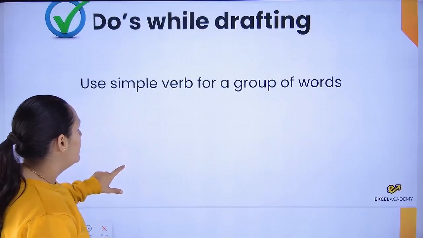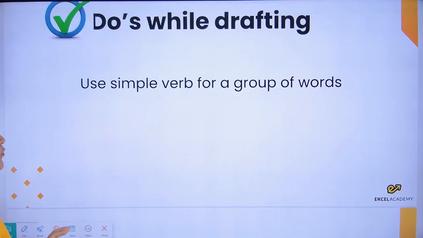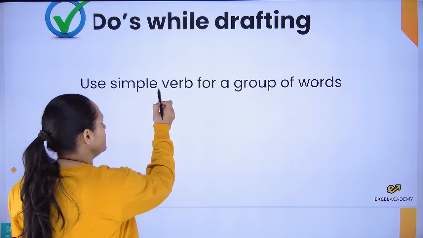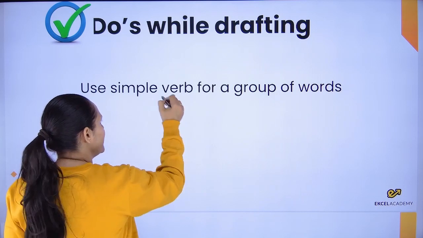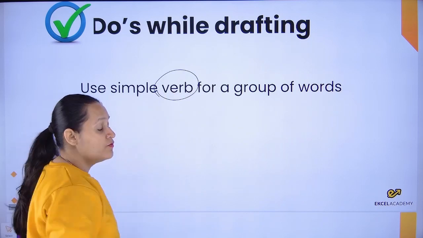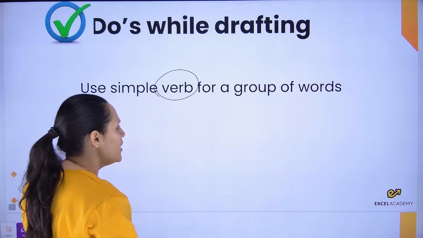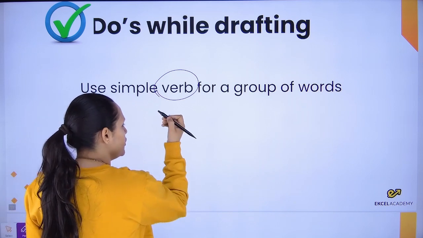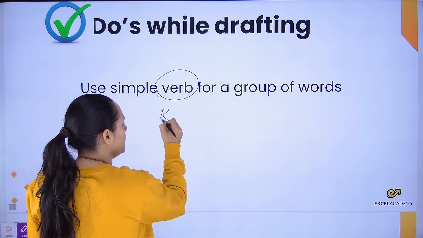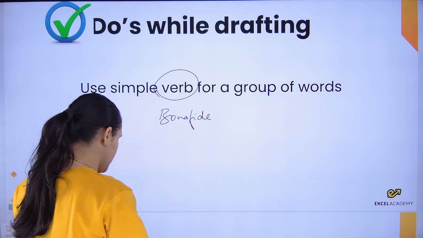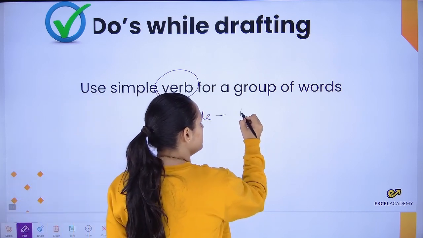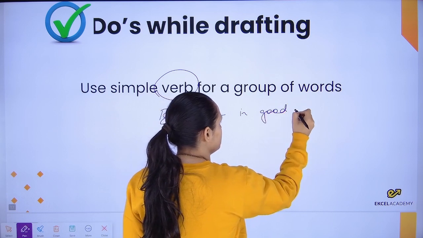Next, use simple verb for a group of words. What is verb? All of us know. Right? We know what is a verb. So, as far as possible, we should use verb for a group of words. For example, if you are using legal language, you can use the word bona fide, that is in good faith.